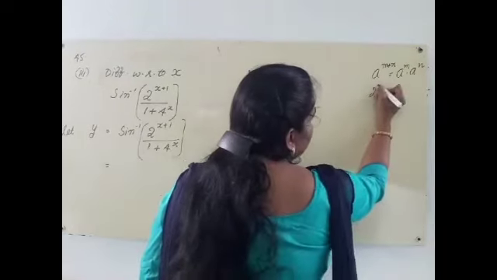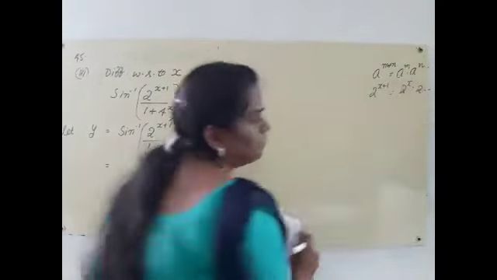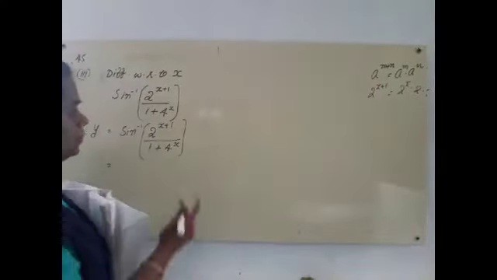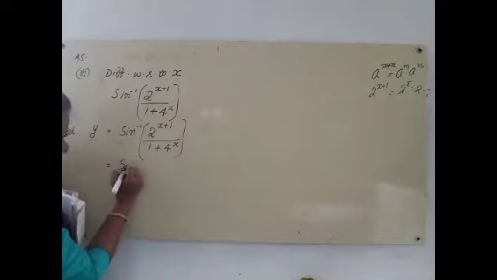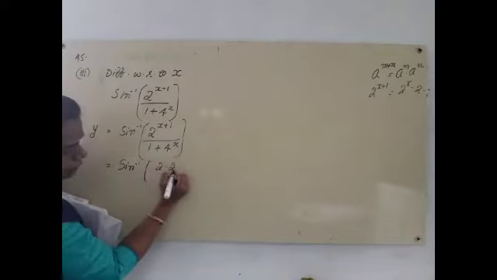Then 2 raised to x plus 1 is equal to 2 raised to x into 2 raised to 1, that is 2. Clear? So we can write this as sin inverse of 2 into 2 raised to x.